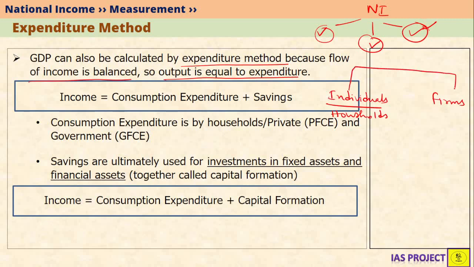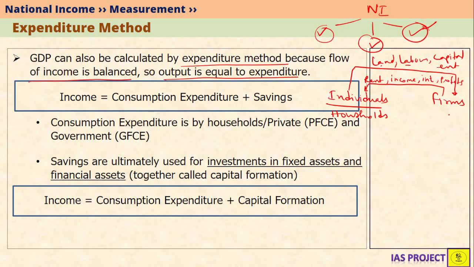Individuals are giving firms land, labor, capital, and entrepreneurship. For this, firms are giving returns: for land they are giving rent, for labor they are giving income or wages, for capital interest, and for entrepreneurship they are giving profits.